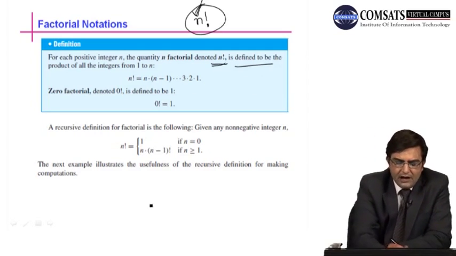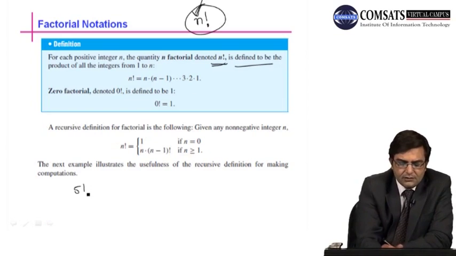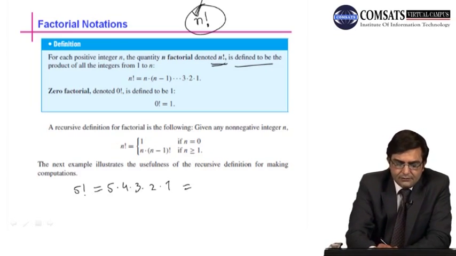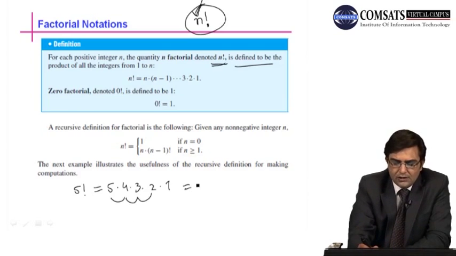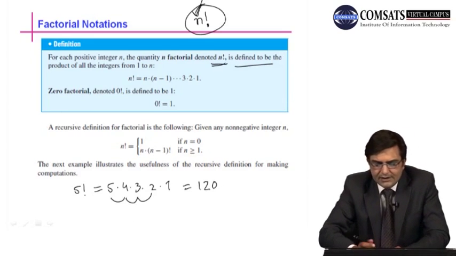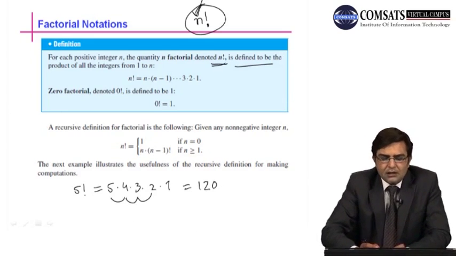For example, if we have 5 factorial, then what does it mean? 5 factorial means 5 into 4 into 3 into 2 into 1. If we multiply these numbers, 5 4s are 20, 20 3s are 60, 60 2s are 120. So 5 factorial is basically 120.